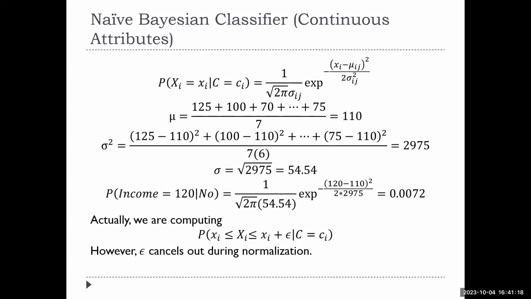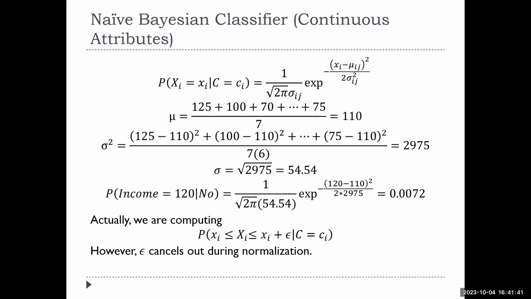What is mu then? Mu is the average. Sigma is the standard deviation, and sigma squared is the variance.